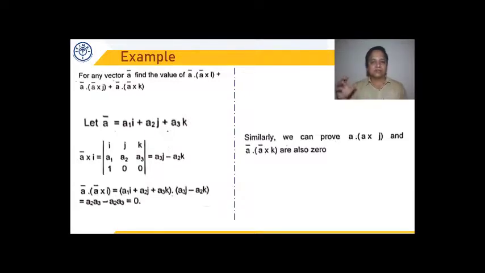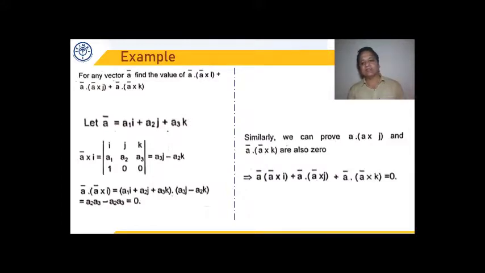So we can safely say the value of the expression A dot A cross I plus A dot A cross J plus A dot A cross K comes out to be 0.